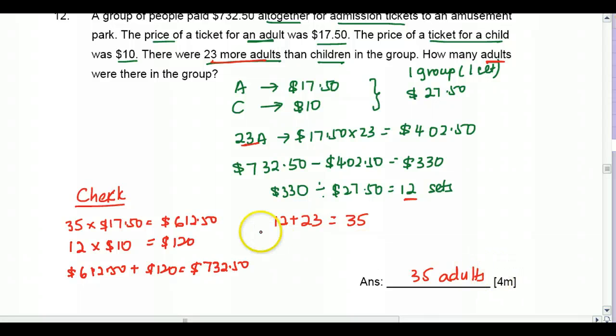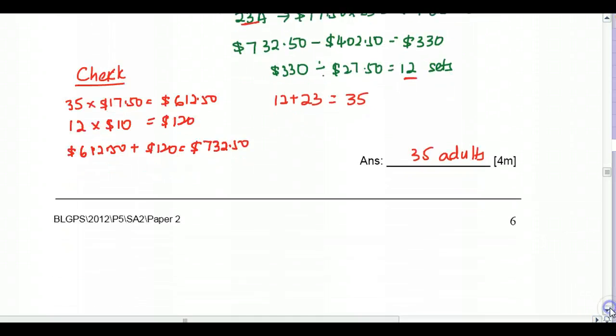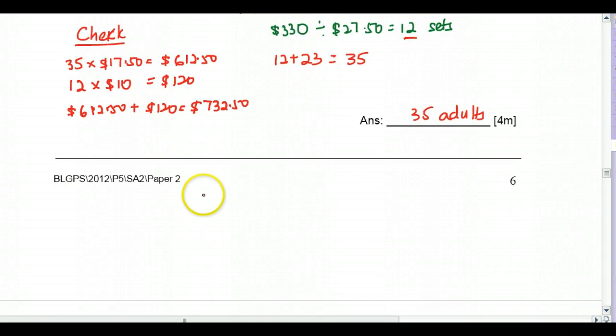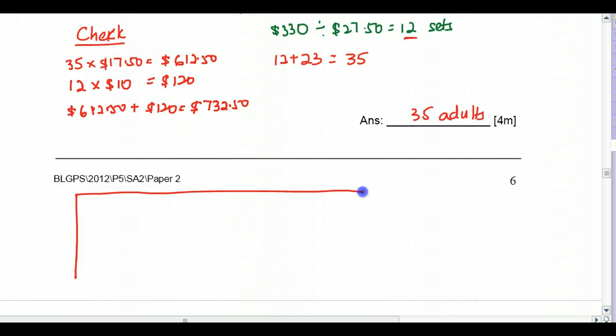Alternatively, you can actually do the guess and check method. I'm going to show you the guess and check method here. Okay, so for guess and check, always ensure that you draw a table.